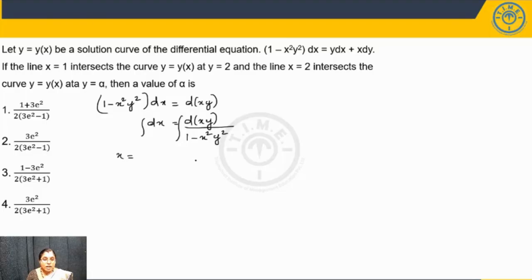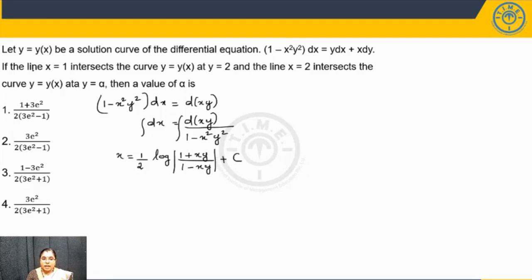The integral of 1 by a square minus x square is 1 by 2a log a plus x by a minus x. So let's write 1 by 2 into a, a is 1, log 1 plus x by 1 minus x. So 1 plus xy divided by 1 minus xy plus c.